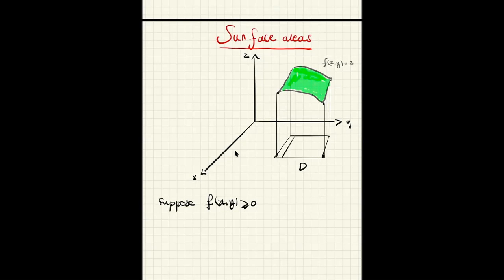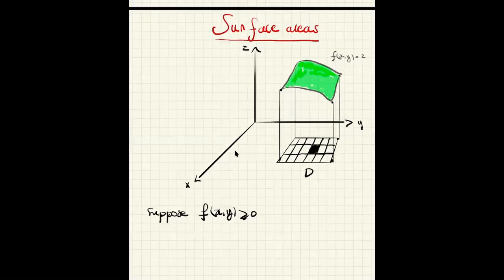So we divide this into small rectangles. We take this rectangle here and call it the rectangle R_ij.